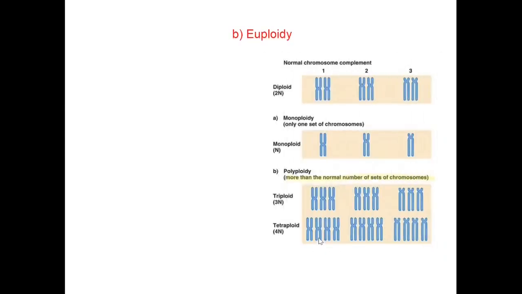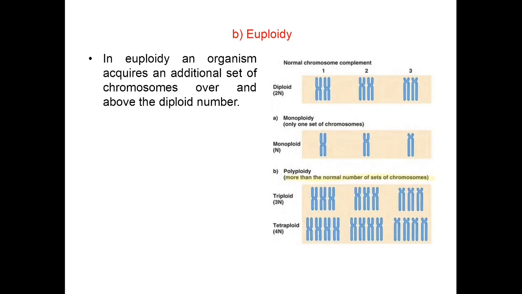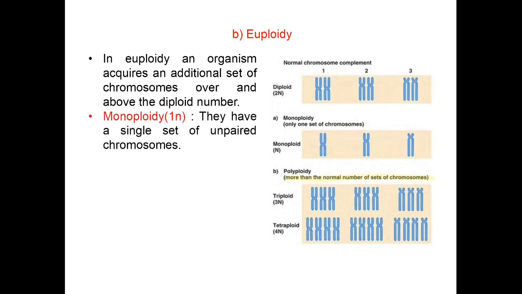Next is euploidy. Look at the diagram. In euploidy, an organism acquires an additional set of chromosomes which is over and above the diploid number. Depending upon the number of chromosome sets, they are of the following types.